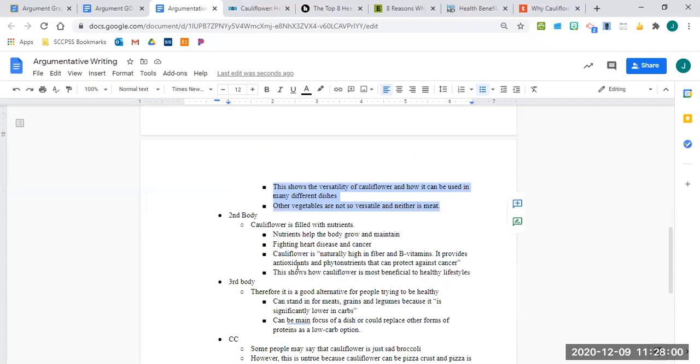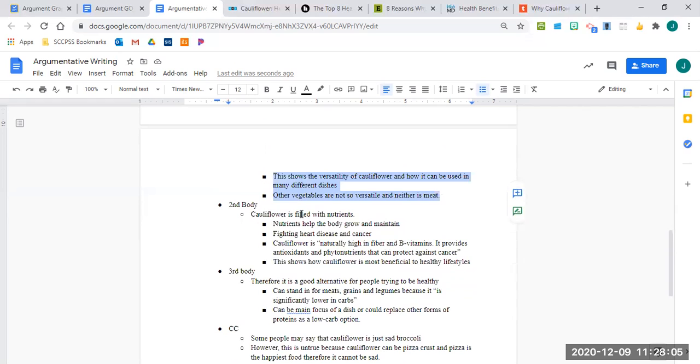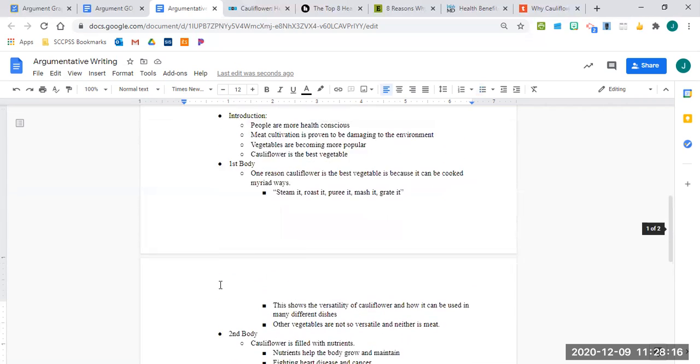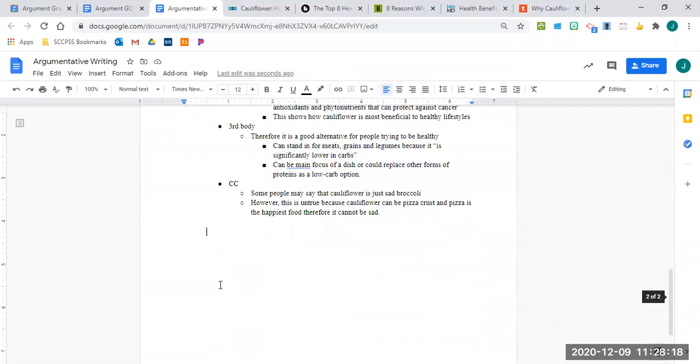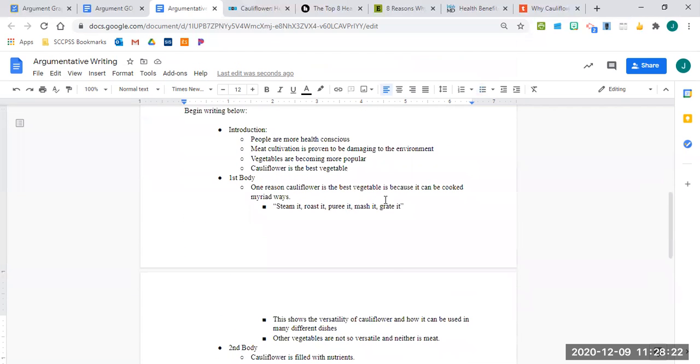So you want to finish something strong, something like pizza, and these nutrients and alternatives are both pretty strong. So I want to end with those to end on a good, strong note. So let's try, as a challenge, to write this first body paragraph as a paragraph. Luckily, I have it set up pretty well, but I'm going to write a paragraph underneath it.